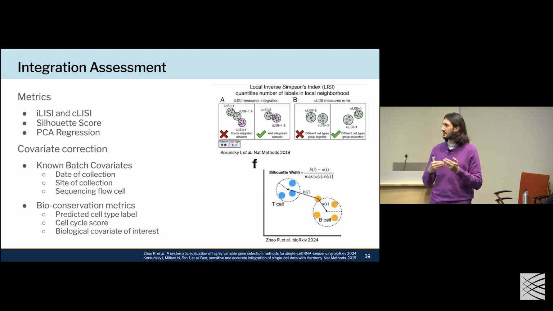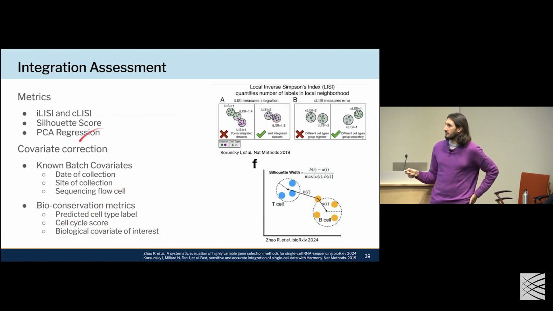And then we try to align these things, and we look at it before integration and after integration, and we want to see if, let's say, the site of collection was initially explaining a lot of the variance within PC1, but after correcting or integrating, this variance has been decreased. So we've effectively removed the effect of site of collection on principal component 1.